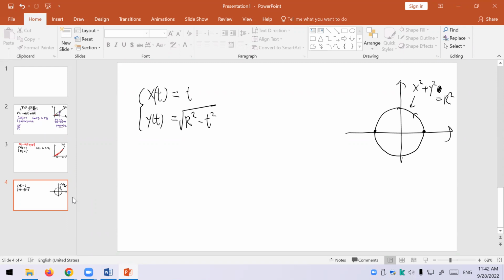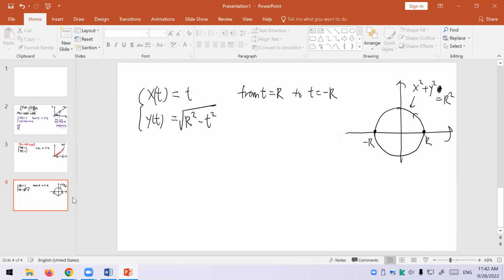Can you do that? From t equals r to t equals minus r.